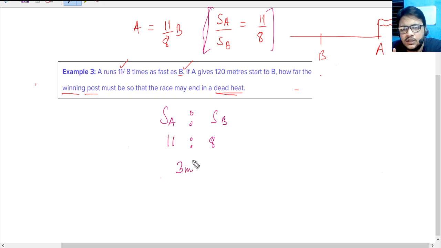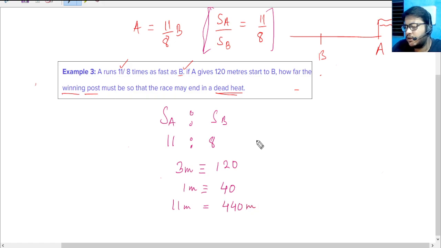I need to eliminate that, because I don't want A to gain that difference. So I will equate that 3 to 120. So for a 1 meter race, he will gain 40 meters, right? And for 11 meters, he will gain 440 meters. Okay, I hope this makes sense.